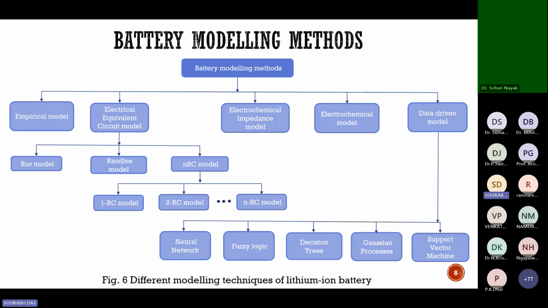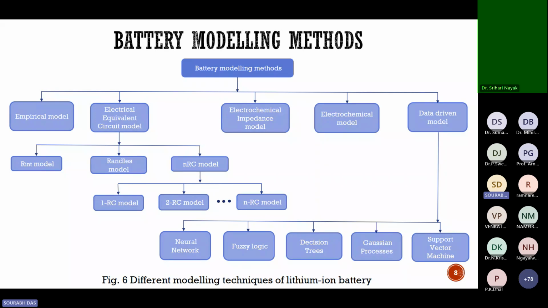The NARST model and the Shepherd model are very well-known empirical modeling methods. But due to the lack of accuracy under different conditions, they are not used nowadays.